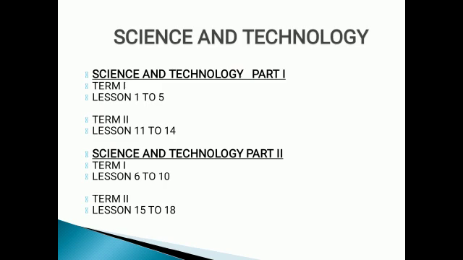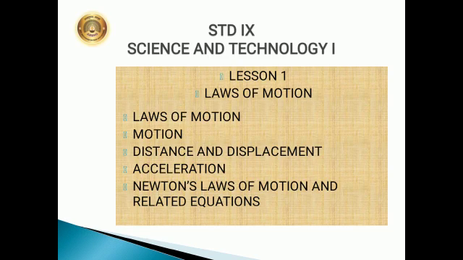In the first term, lessons 1 to 5 are included, and in the second term, lessons 11 to 14. In Science and Technology Part 2, Term 1, lessons 6 to 10 and Term 2, lessons 15 to 18 are included. So let us begin with our first lesson of Science and Technology, Laws of Motion.